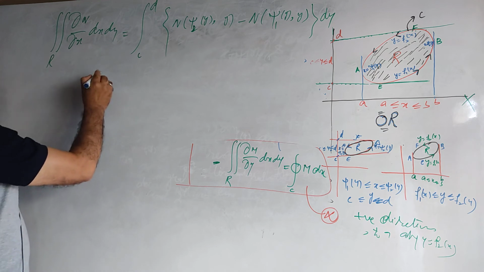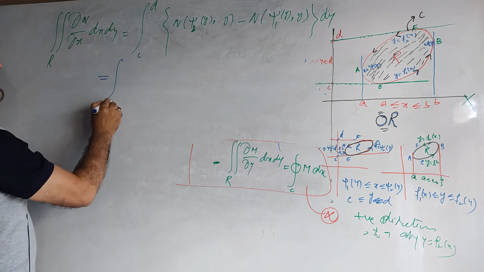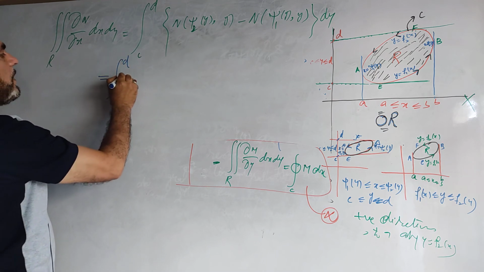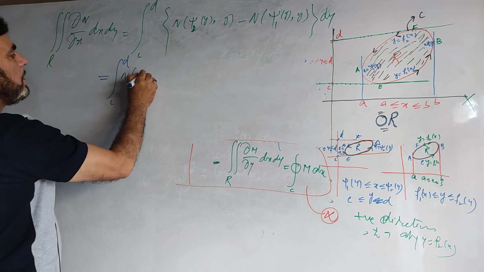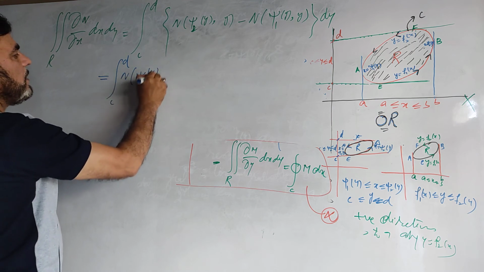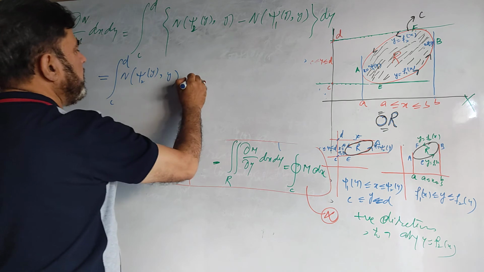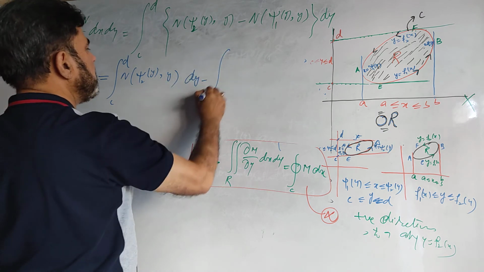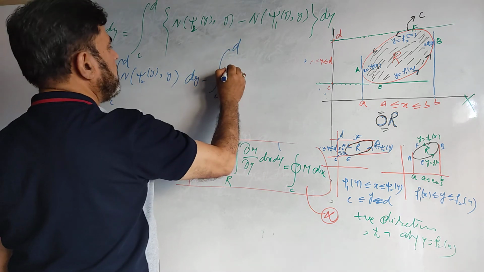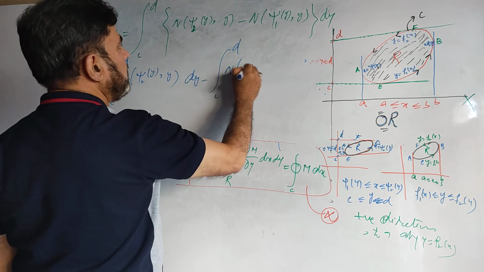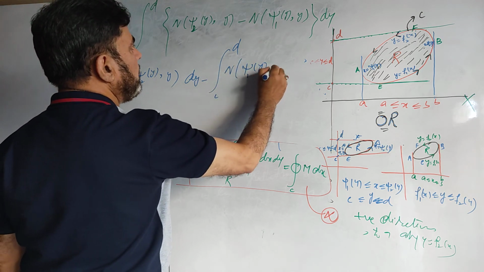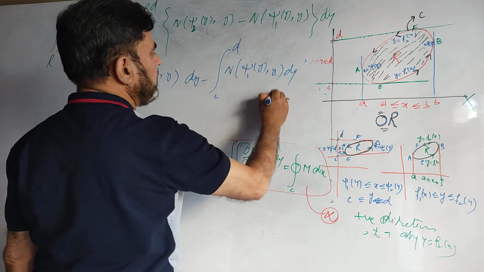This gives you the integral c to d of N(psi 2(y), y) dy minus the integral c to d of N(psi 1(y), y) dy. This is your second.